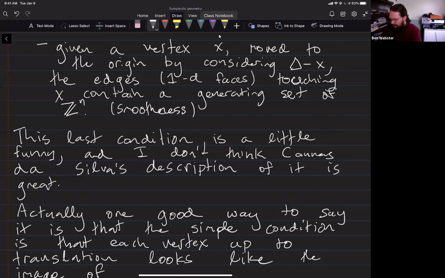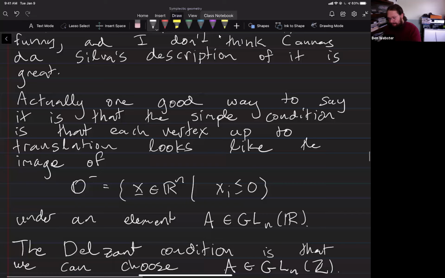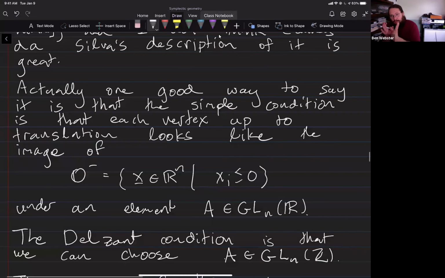The way I sort of like to say this is that being simple means that if you look at a little neighborhood around your vertex up to translation, it looks like I take the negative orthant. This has to do with this thing about like I was taking less thans.